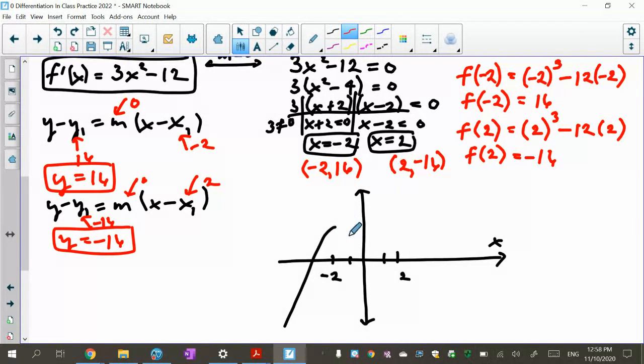It comes down in the middle, comes up like this. And as you can see, this is my tangent line, y equals 16. And this is my tangent line, y equals negative 16. And I've sketched everything there.